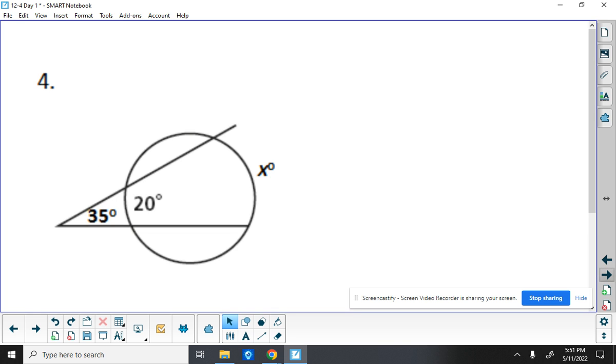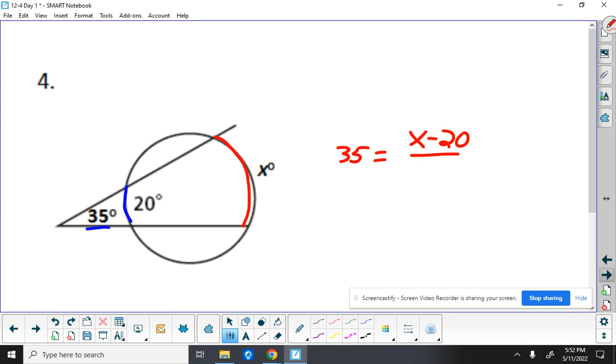Number 4. Okay, this one is much like the last one, except I know the angle right here. I know this arc is 20, and I'm looking for this arc out here. That's X. Okay, so on this one, I'm going to say 35, that angle formed at that outside vertex, is equal to, X is going to be the bigger one, so I have X minus 20 divided by 2.